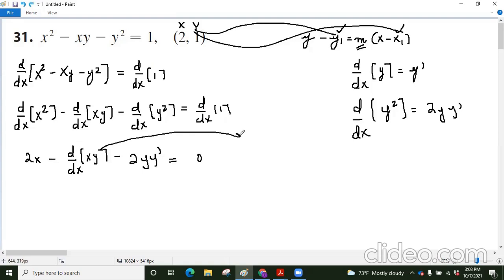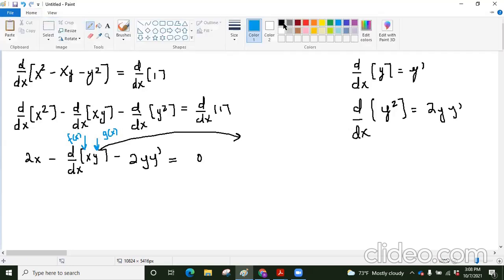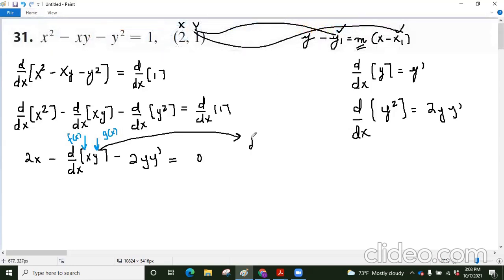So what we're going to do is go off to the side and actually find what the derivative of x times y is. This is a product rule. It's telling you to use the product rule because these are two functions being multiplied. Your x is your f of x and your y is your g of x. So we're going to use the product rule here. The product rule states that you want to take the derivative of f of x, which in this case is x, multiplied by g of x, which is y, and then add that to the derivative, d over dx, of g, so g prime.